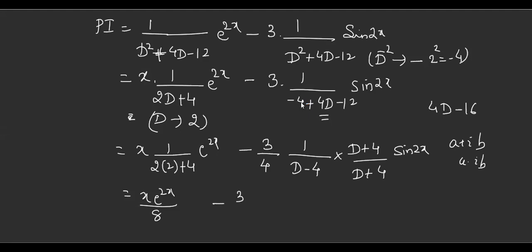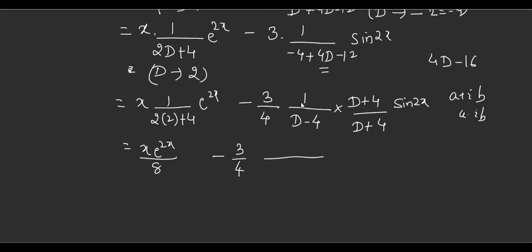Okay. Again, I'll do some things here directly. Just see. What is the denominator? In which format is it? A minus b into a plus b is what? A square minus b square. Again, this belongs to case 2. So D square should be replaced by what? Minus a square, which is minus 4. So D square minus 4 square is there. That D square, I'll write it as minus 4.